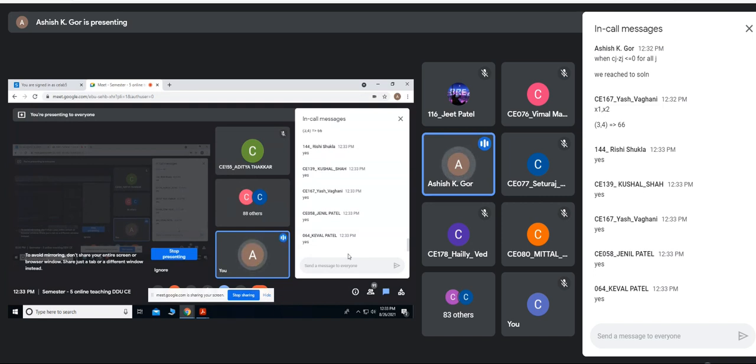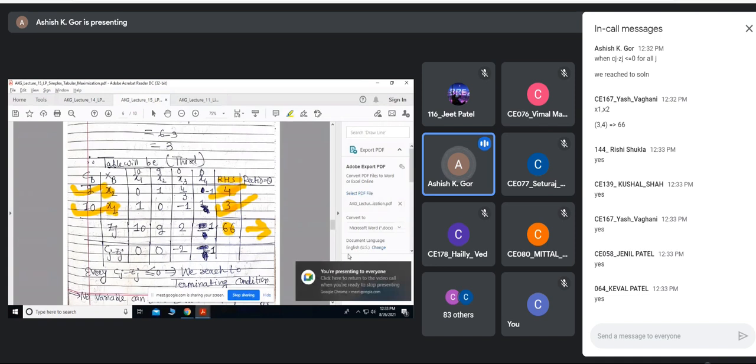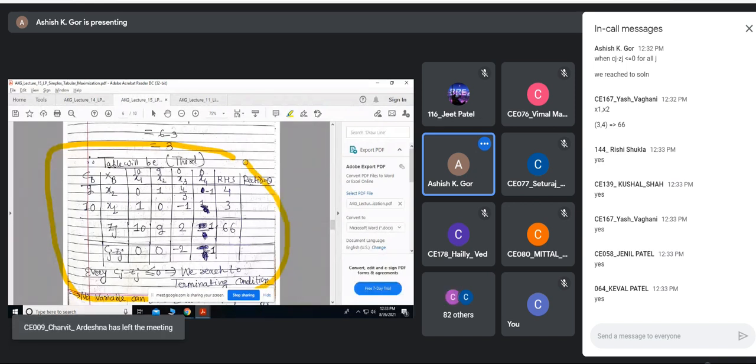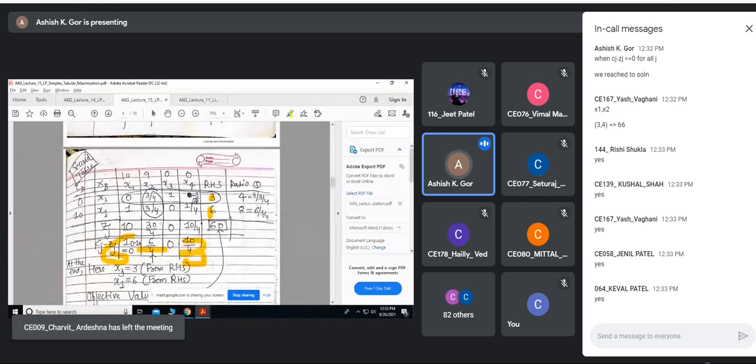Let us try to correlate this with yesterday's method. I want to show you something. If you have noticed, carefully observe this third table. Carefully observe this second table. There is Cj minus Zj 0 under x1 and x3 in the second table.